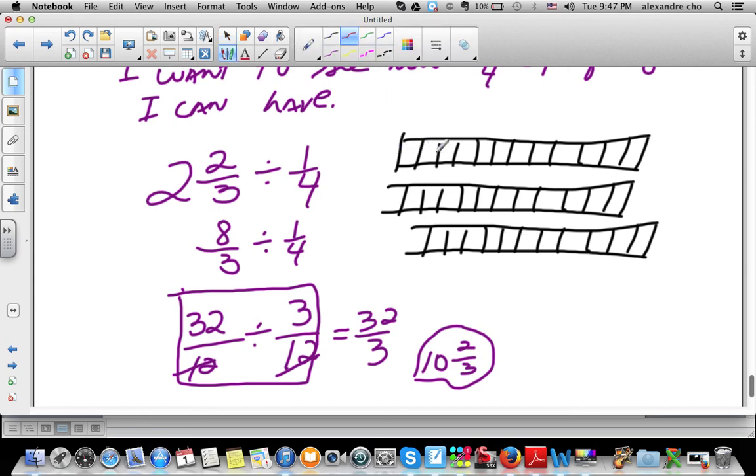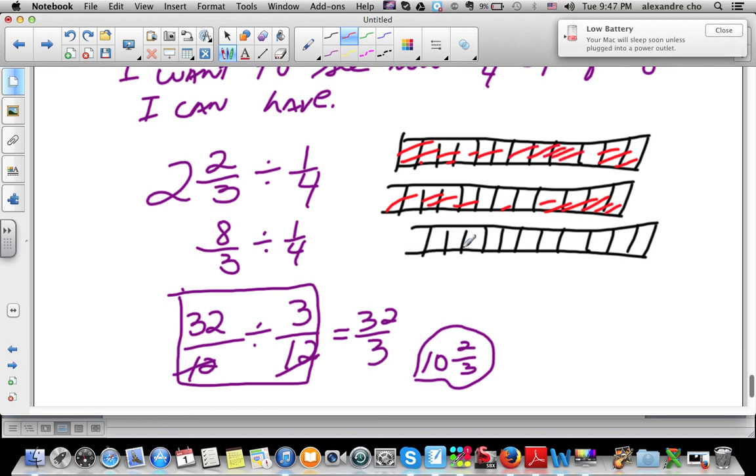So this would be 12 plus another 12 is 24. And you got 25, 26, 27, 28, 29, 30, 31, 32. That would be 32 right there. You have 32 pieces that are 1/12 each. This is 1/12, that's 1/12, 1/12, 1/12. So you have 32 1/12 pieces.